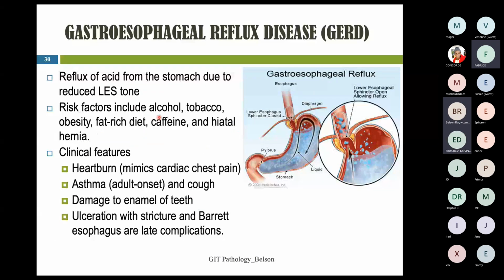These factors are written here. Alcohol, tobacco, obesity, fat-rich diet, caffeine, and hari n'abavuga kurya shokora, it is one of the risk factors. So ikibazo kiba cyabaye ni iriya sphincter iba yabaye rorashe.